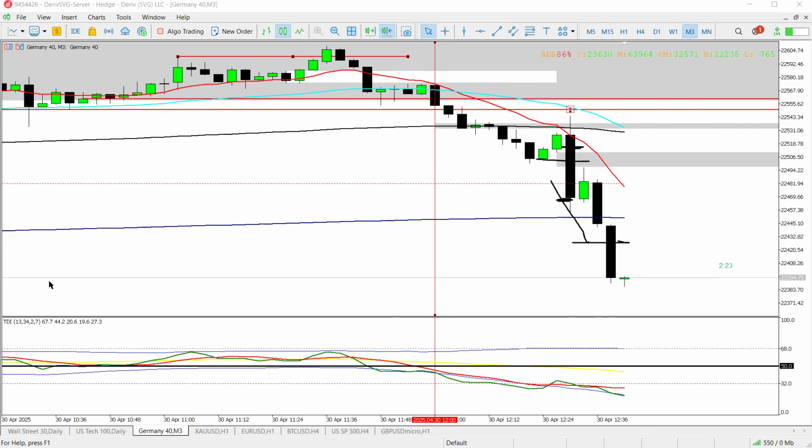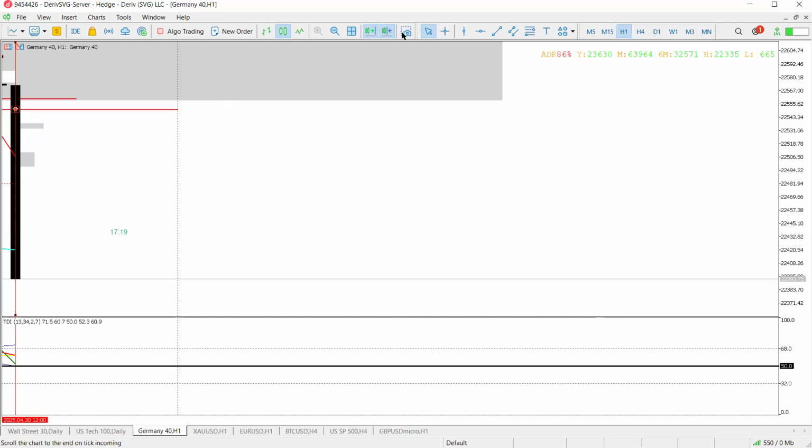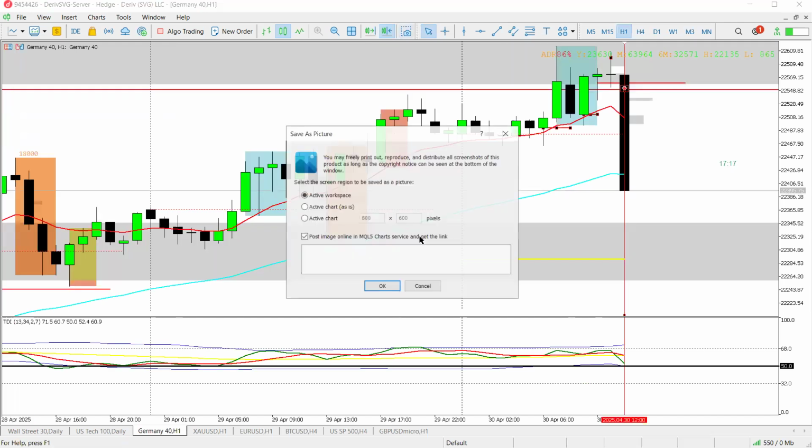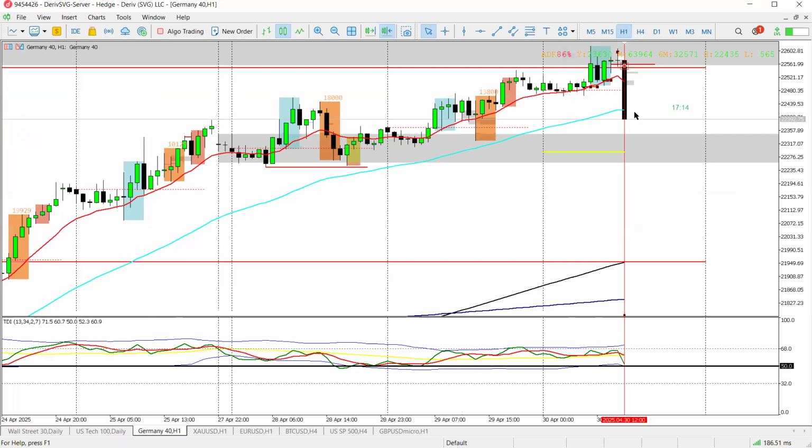What am I looking forward to going into the stock market open? I would love to see maybe a small retracement if we're going to continue melting, maybe on the next H1, but I'm looking forward to a bearish New York session.